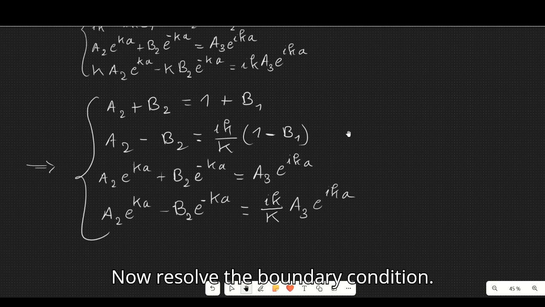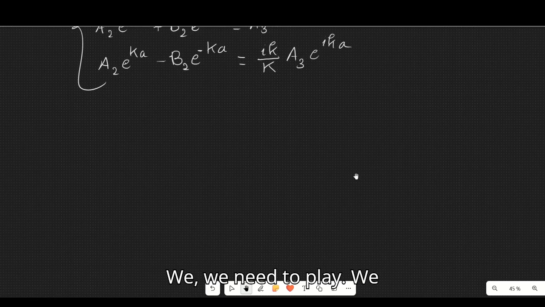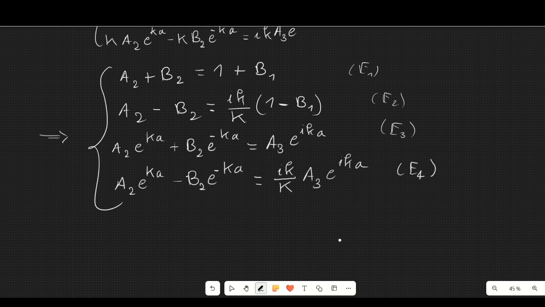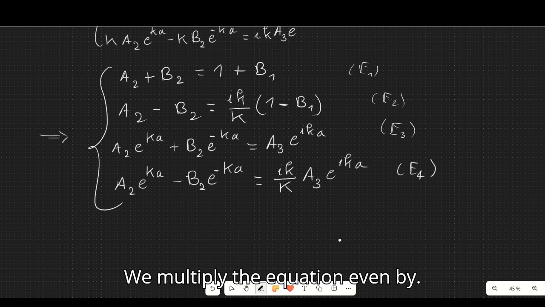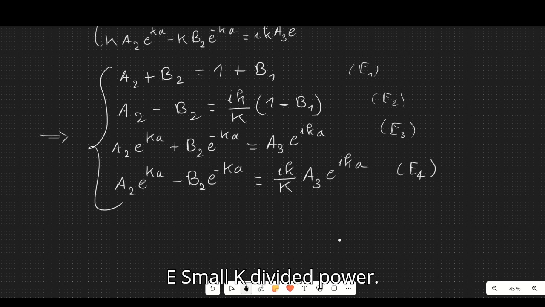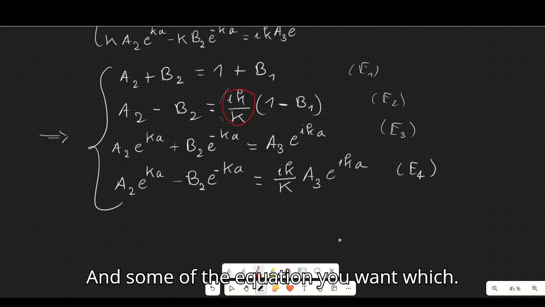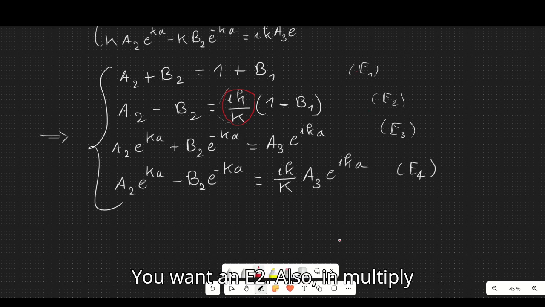Now we solve the boundary conditions. We multiply the equation E1 by small k divided by big K, and we sum the equations E1 and E2.